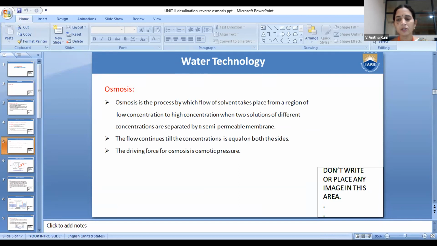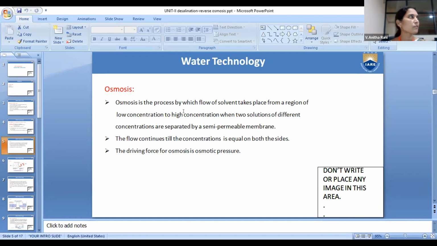We prepared a sodium chloride solution. A solution contains both solute and solvent: the solute is NaCl and the solvent is water.